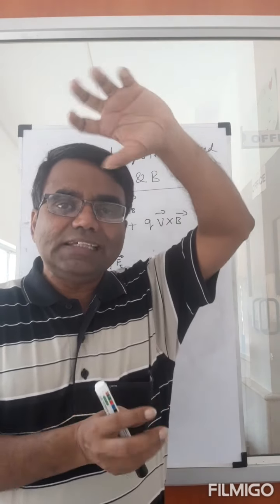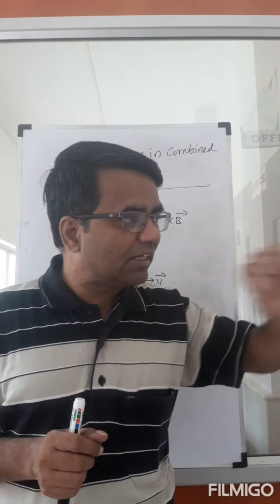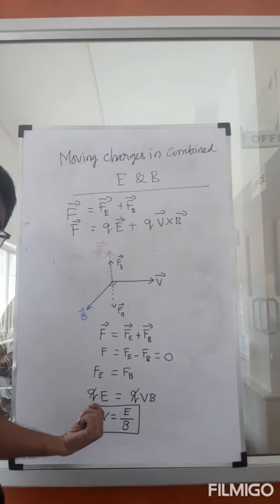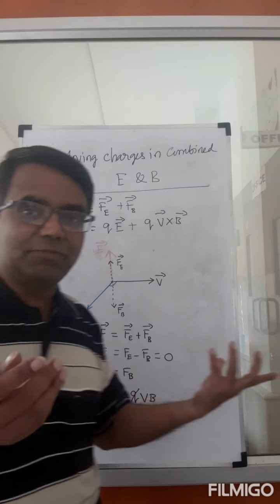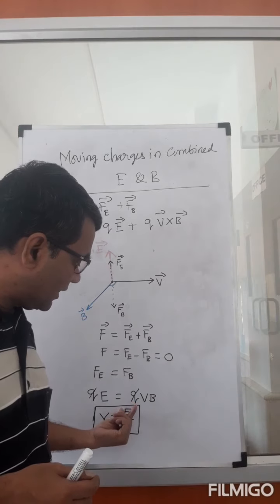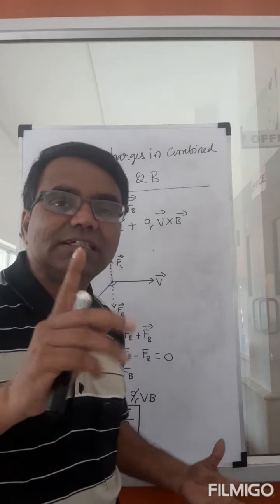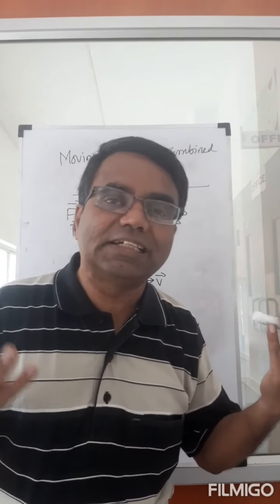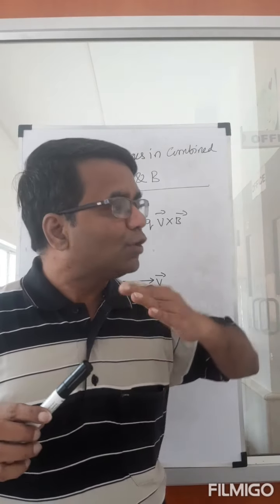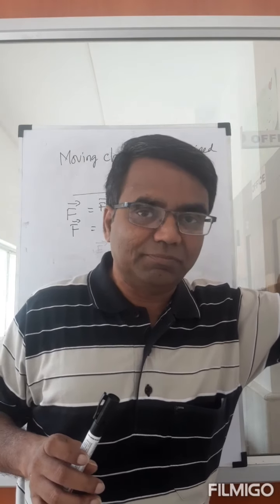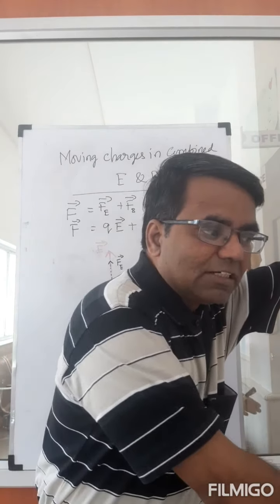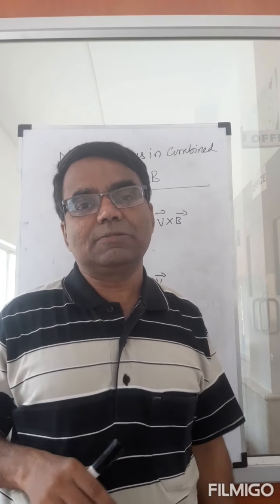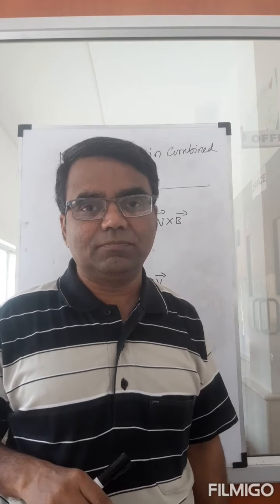By adjusting my E and B, I can select the charge with this speed. If I want, say, 10 meters per second, all I need to do is adjust my E by B such that it gives me 10 meters per second. So the charges which move with 10 meters per second speed will go unaffected, so I can collect them. Others will go either down or up. They will leave this axis, leave the straight line.